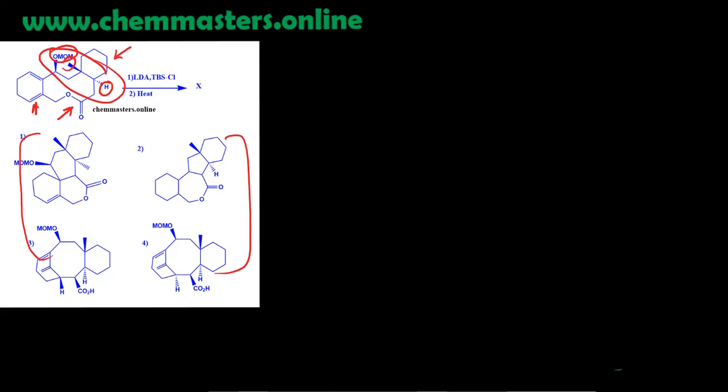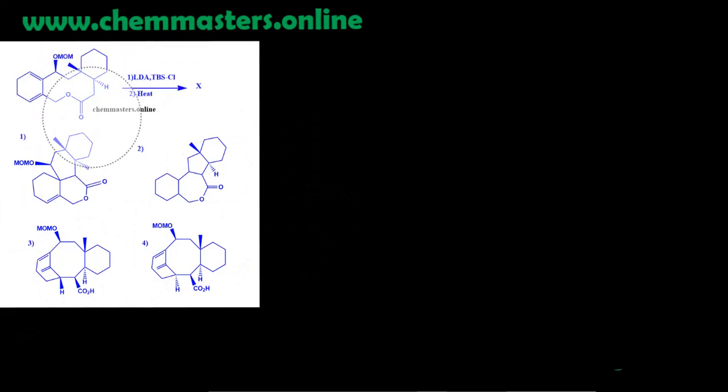Now we are given LDA, so we need to look at the reagent combinations. We know that LDA is a bulky and strong base which can abstract acidic protons. And second, we are given heat, so heating is given. These are the observations we need to take from the given reaction.